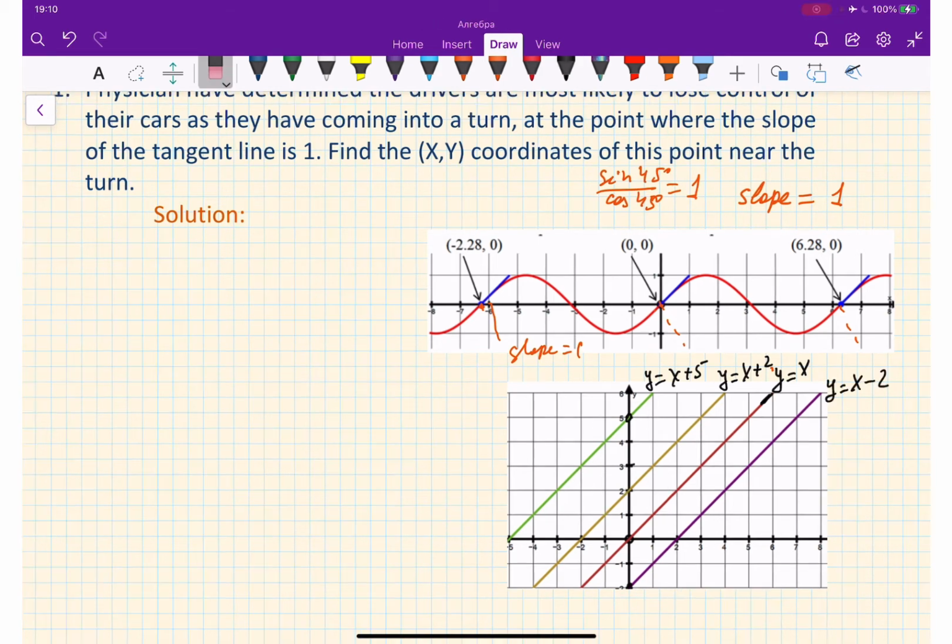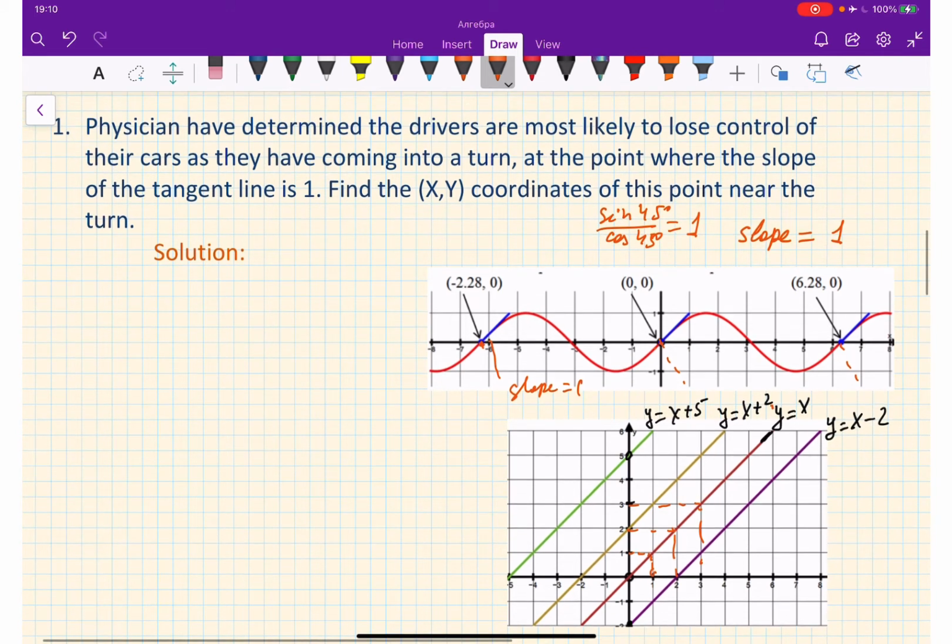Now all of them are running under 45 degrees. Look, they are parallel. Y equals x is already 45 degrees. Why? Because when x is 1, y is 1, x is 2, y is 2, x is 3, y is 3, right? And the other ones are running parallel, which means 45 degrees. What's the danger physicians see in the slope of the tangent line that is equal to 1?